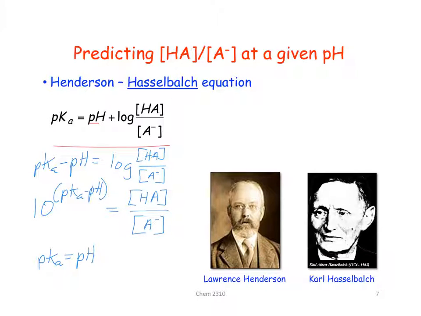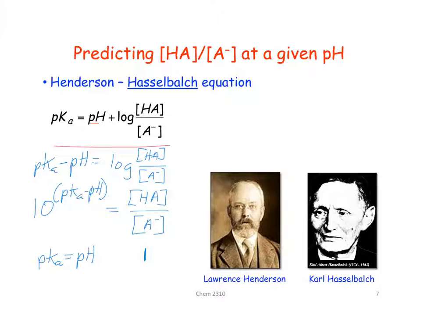Okay, in this situation, if the pH and the pKa are the same, then this exponent is going to end up being 0, and any number raised to the 0 power, what's that going to give us for the ratio of HA over A? Okay, so that ratio is just going to equal 1. So when the pH equals the pKa, we'll have exactly an equal amount of the acid and its conjugate base.